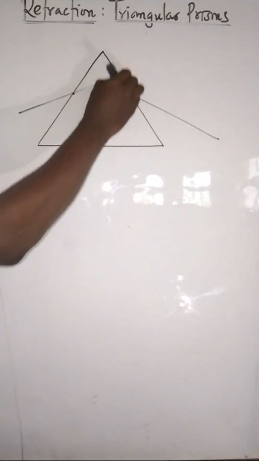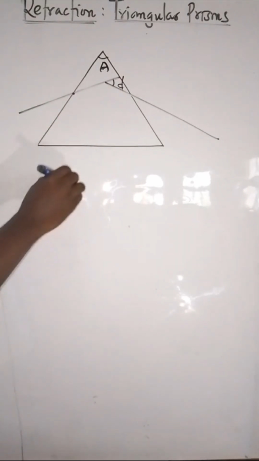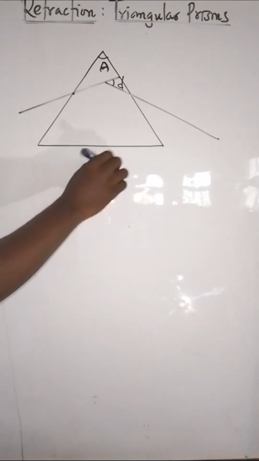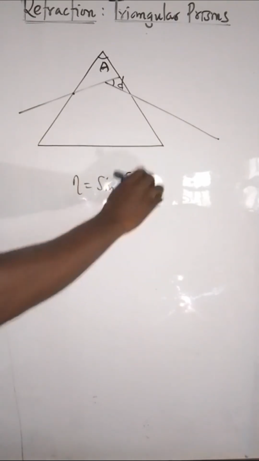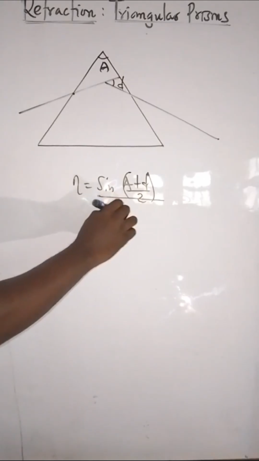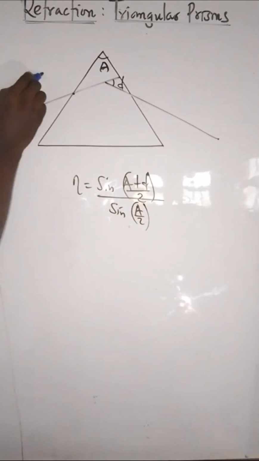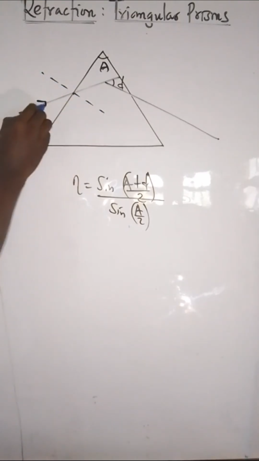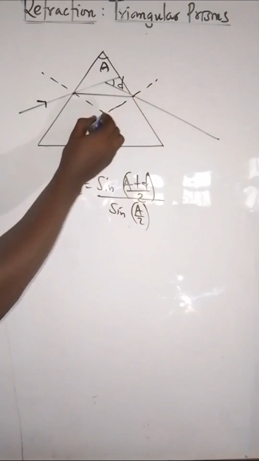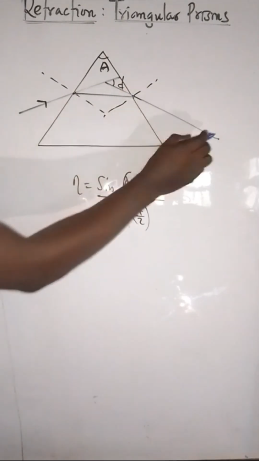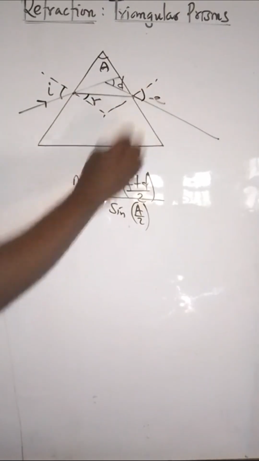This is D and this is A. So refractive index is sine of A plus D over 2, over sine of A over 2. Complete the diagram: normal, incident ray, refracted ray, another normal, then emergent ray. Angle of incidence, angle of refraction, angle of emergence.